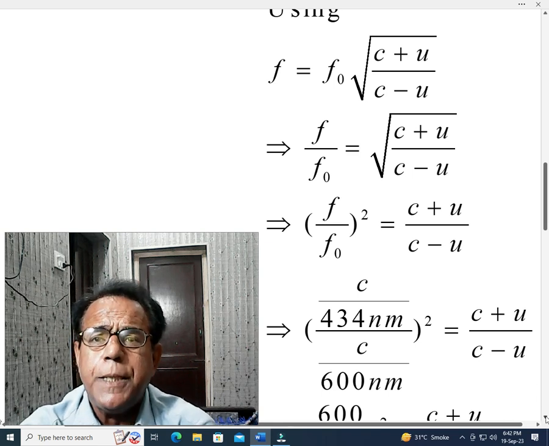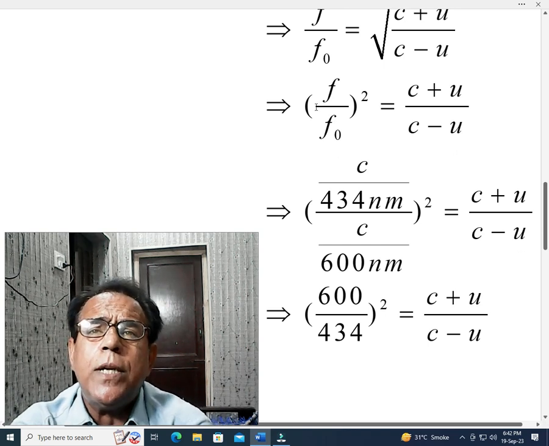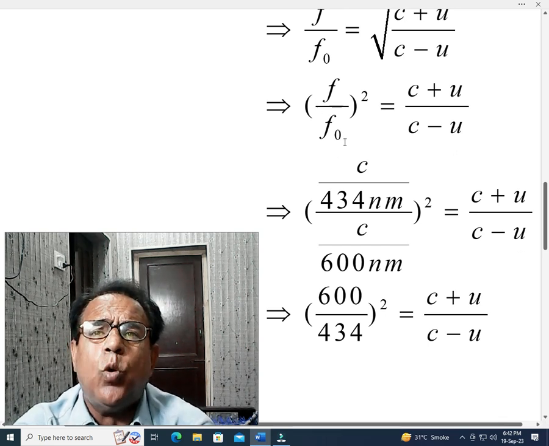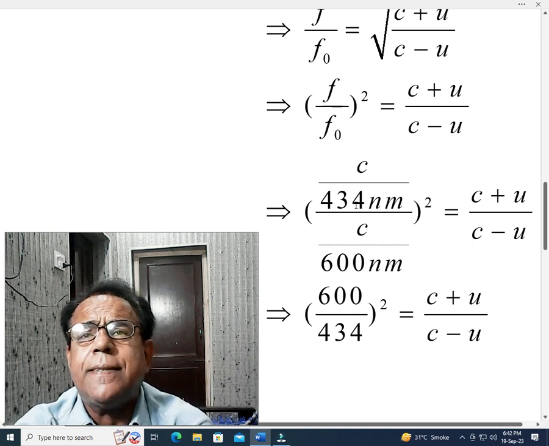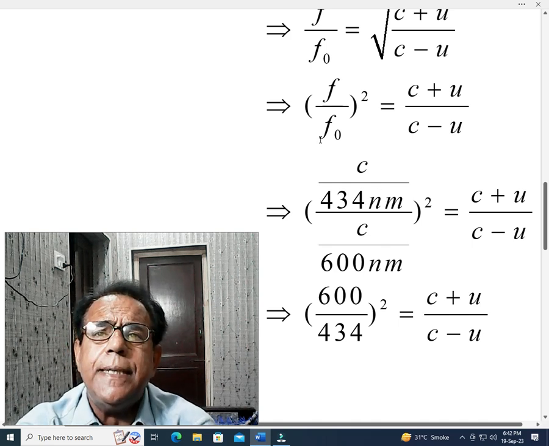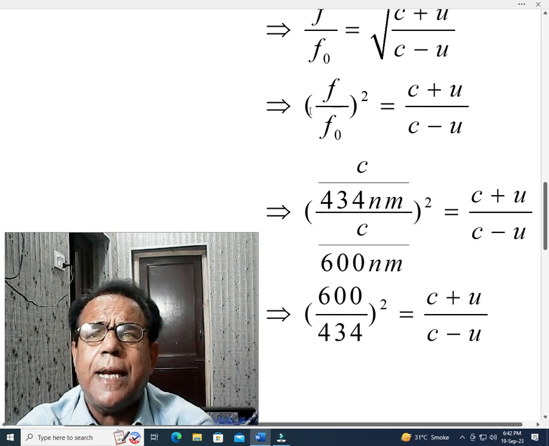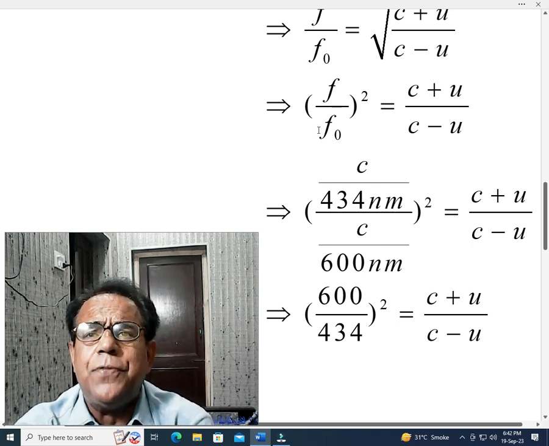Dear students, frequency f is equal to c over lambda, so these two values of lambda are given. The first value will be treated as lambda, while 600 nanometer will be treated as lambda naught. f is equal to c over lambda, and f naught is equal to c over lambda naught.